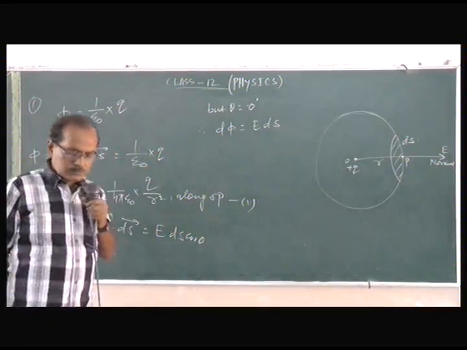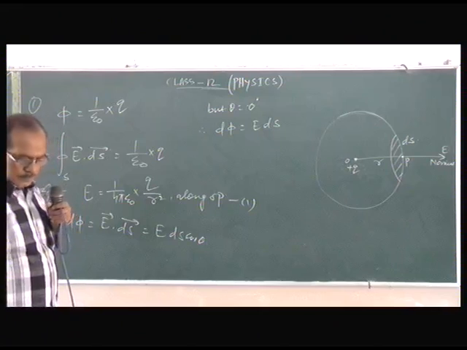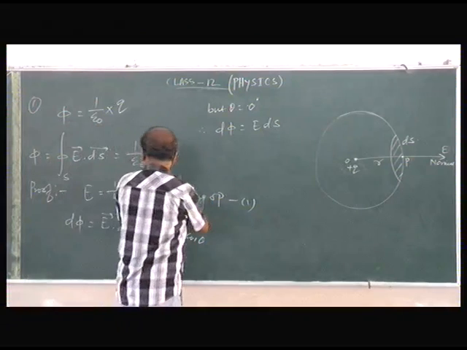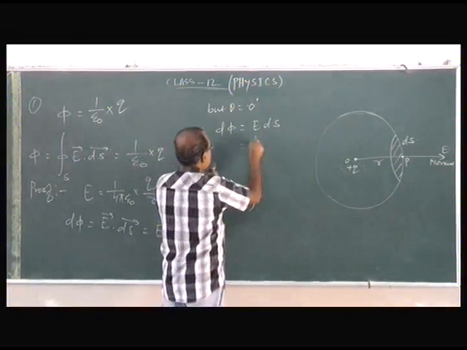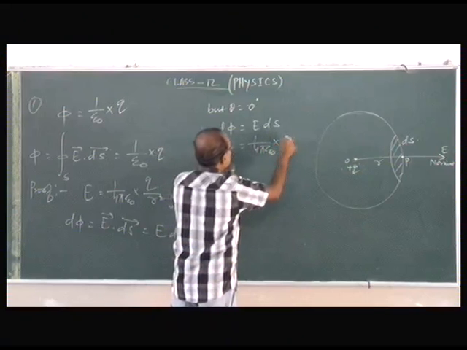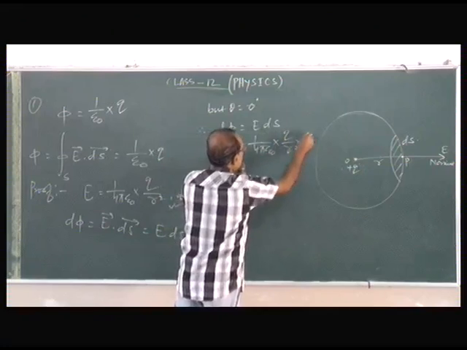Now we'll put the values. E we have already found: 1 by 4 pi epsilon naught into Q by R square into ds.